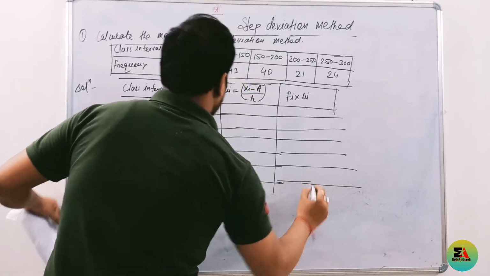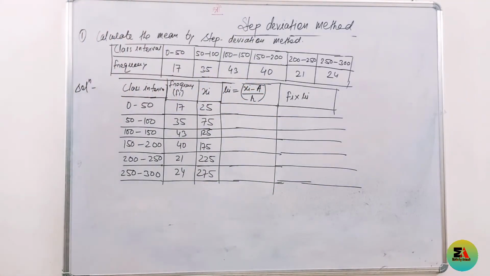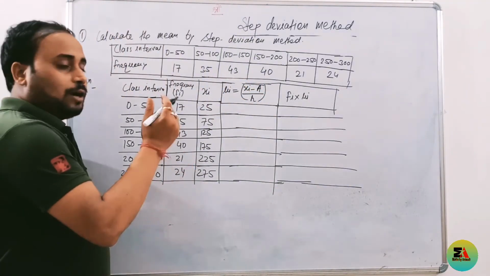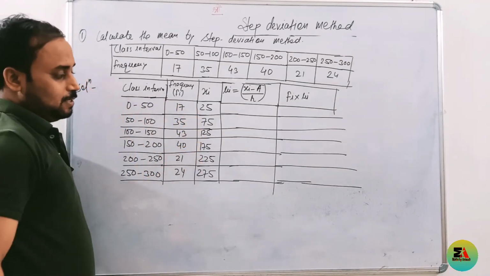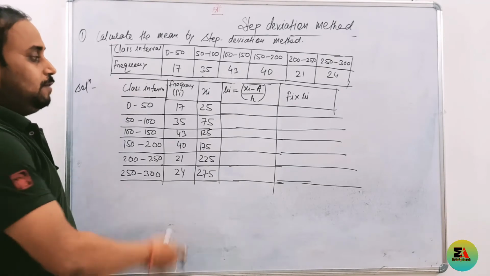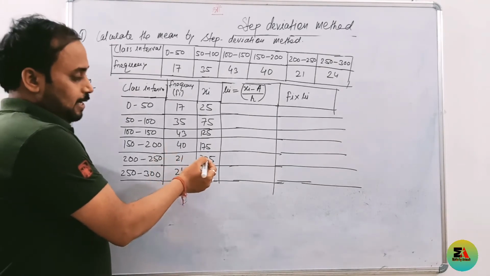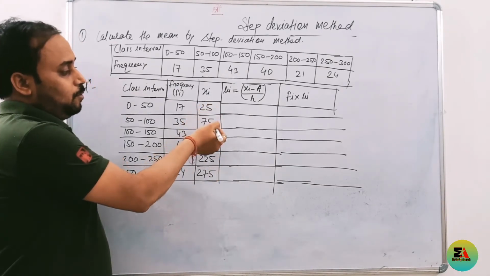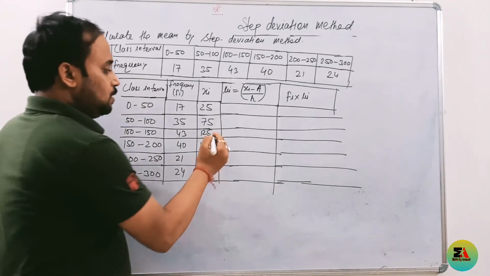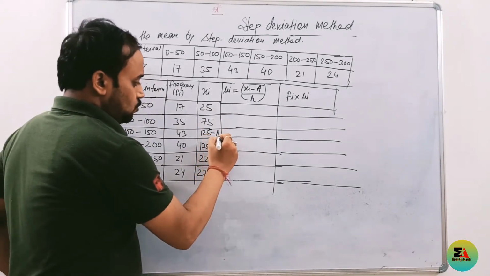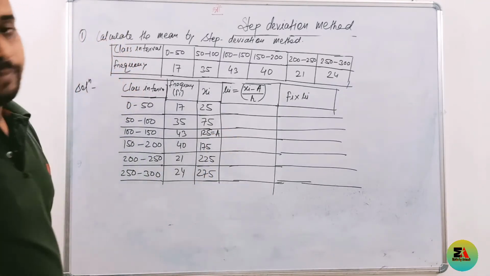Now see which value we have to assume as A. First count the class intervals: 1, 2, 3, 4, 5, 6. We have 6 class intervals. You can assume 175 or 125, whatever you like, it's up to you. In my case, I assumed A as 125.